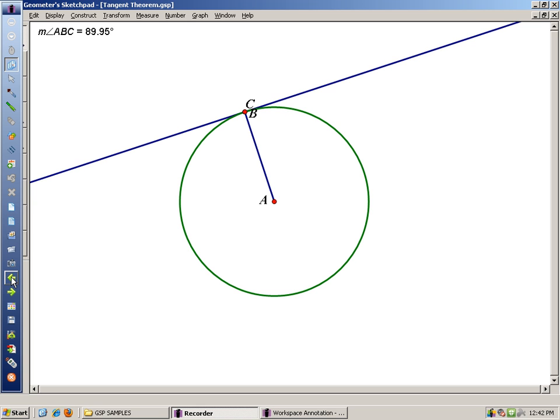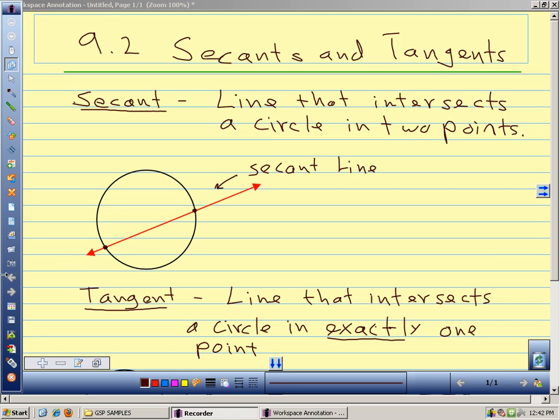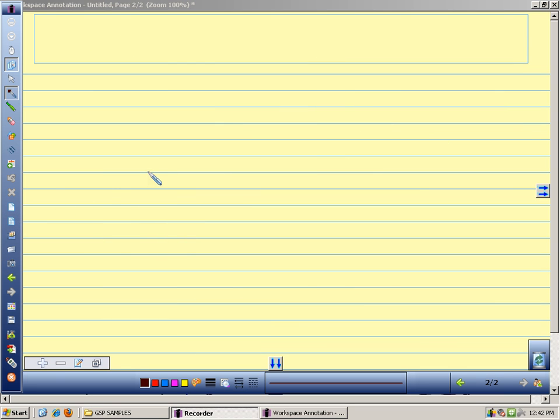So let's go back to our notes. This is our theorem. So we kind of did a demonstration. It turns out that this is one of our theorems for this segment. This is the tangent theorem.